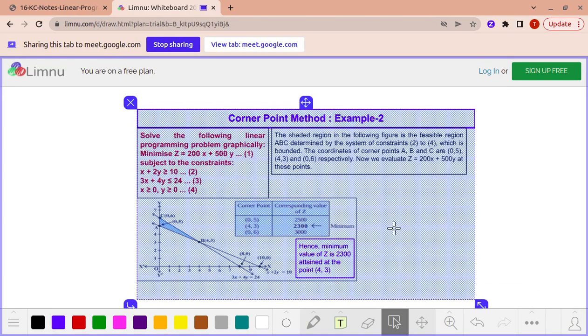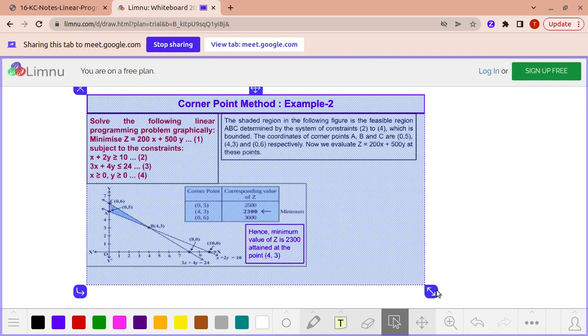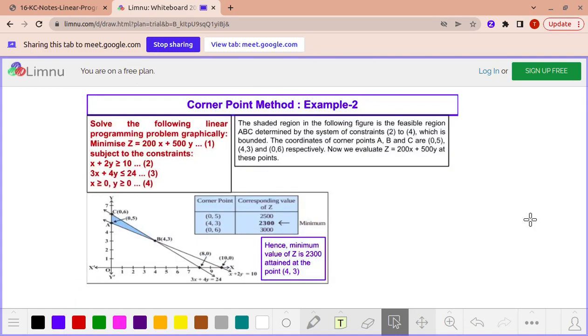Dear students, if you look into the second example, what is mentioned here is: solve the following linear programming problem graphically. We need to minimize z equal to 200x plus 500y, that is our objective function, subject to the constraints: x plus 2y greater than or equal to 10, 3x plus 4y less than or equal to 24, x greater than or equal to 0, and y greater than or equal to 0.